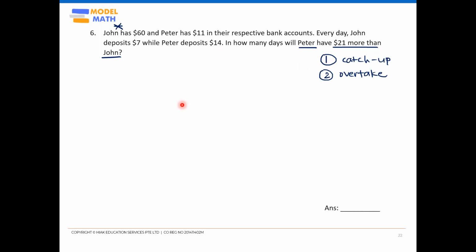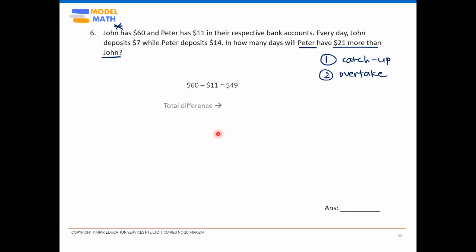Firstly, let's find out how much money he must catch up by. That will be the difference between them at the beginning, 60 minus 11, which is 49. So Peter must catch up by $49 in order to catch up with John. Secondly, he is going to subsequently have $21 more than John.